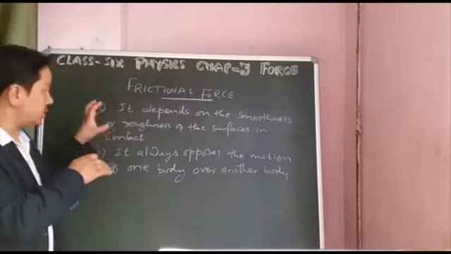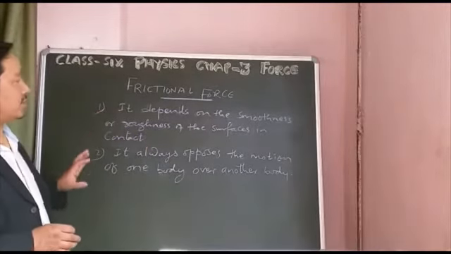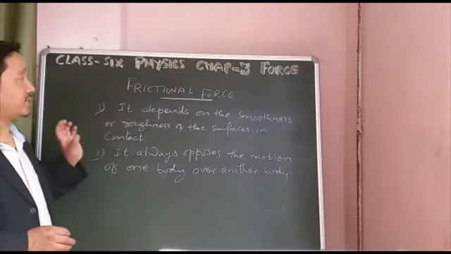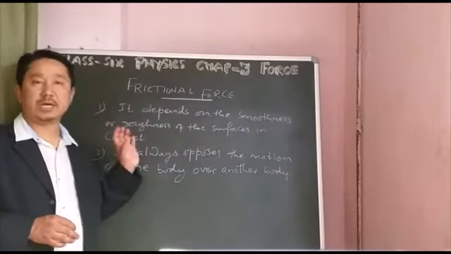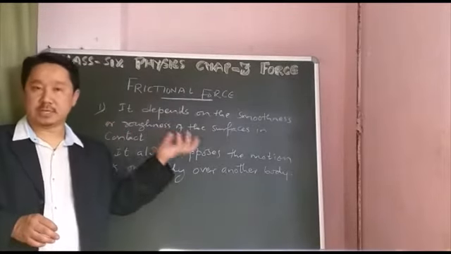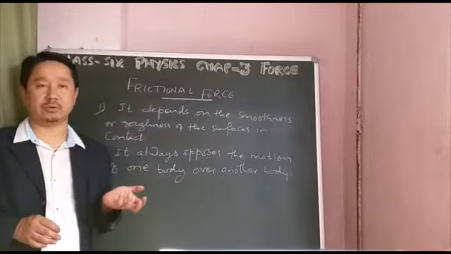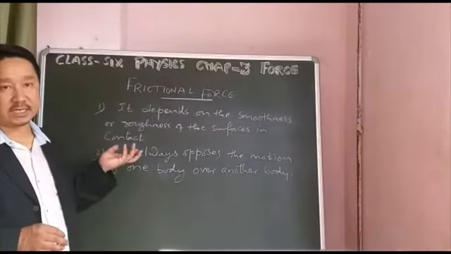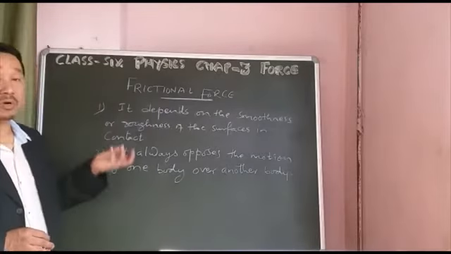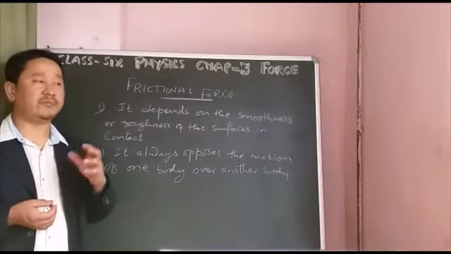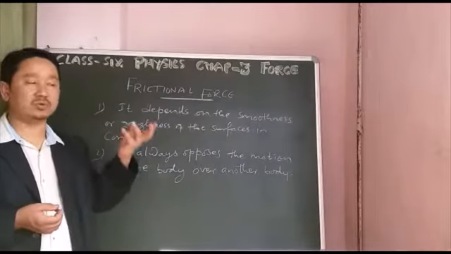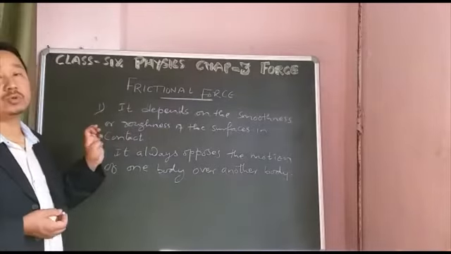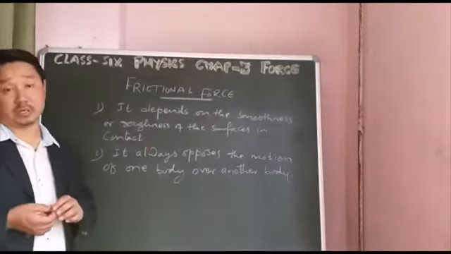Alright, so these two important characteristics of frictional force we need to understand as per our standard. There are some other also, but these two are important for you. There are some more which are very difficult for you to understand, that's why let us not do that. We just stick to these two characteristics of frictional force.